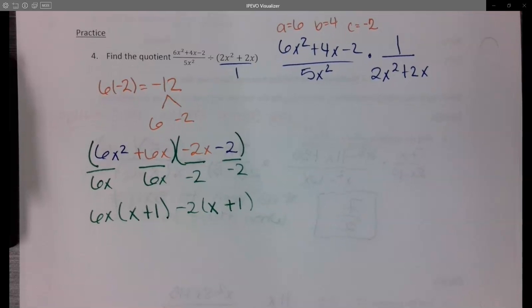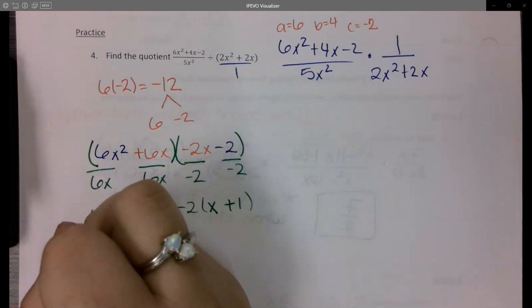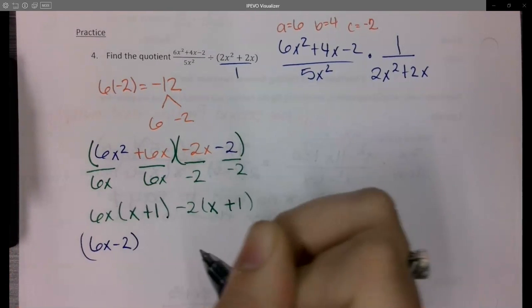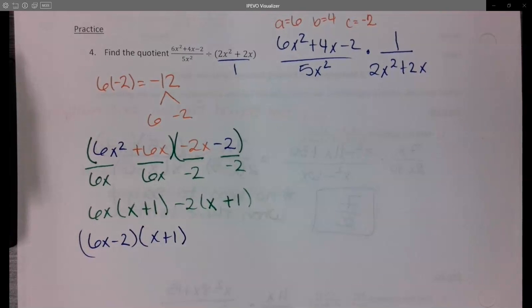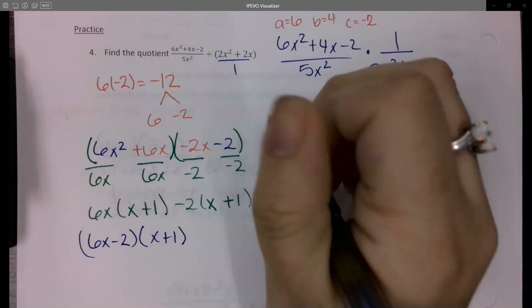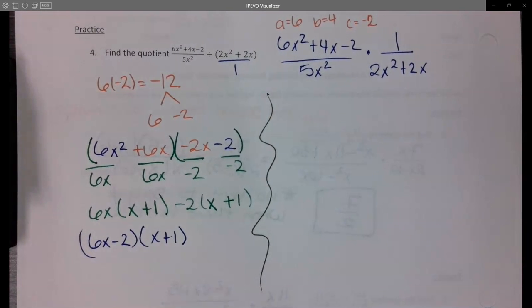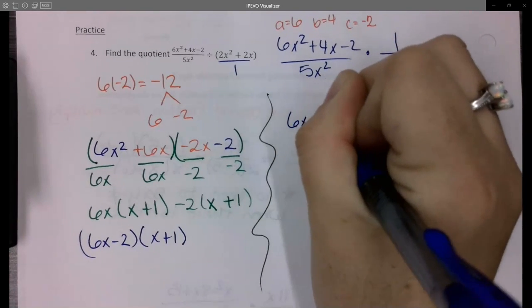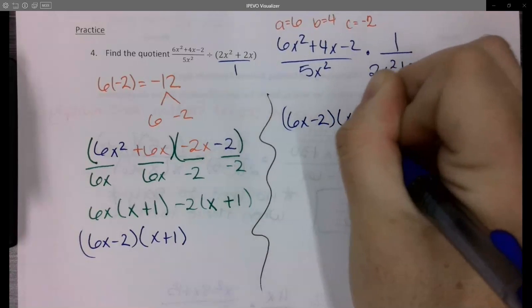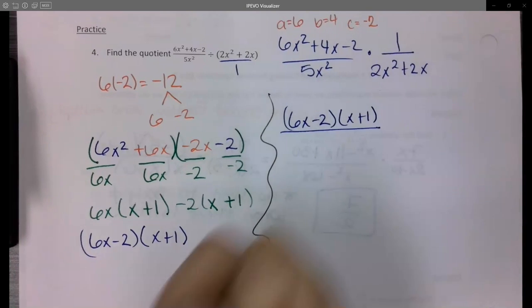Okay. Then what I want to do is combine them, the outside pieces, so I get 6x minus 2, and then x plus 1. So now that I have factored my numerator, I want to go ahead and rewrite it. Should I factor the denominator?